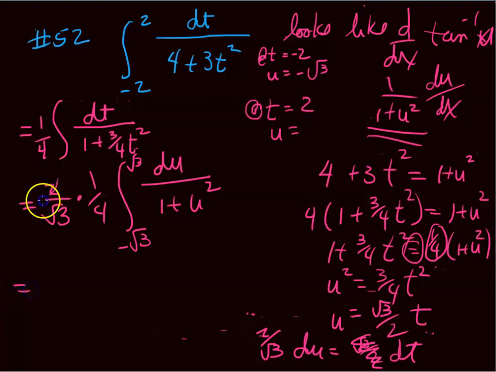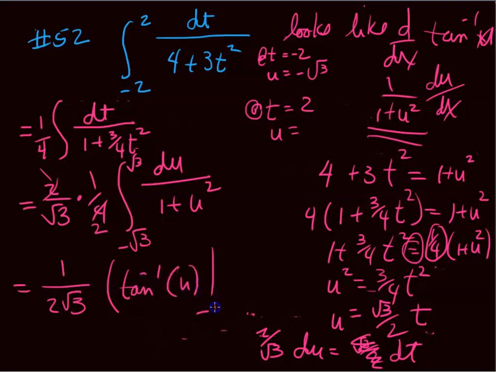If we take this, 2 goes once, goes twice, we have 1 over 2 square roots of 3. The antiderivative of du over 1 plus u squared is inverse tangent of u, evaluated from negative square root of 3 to square root of 3.